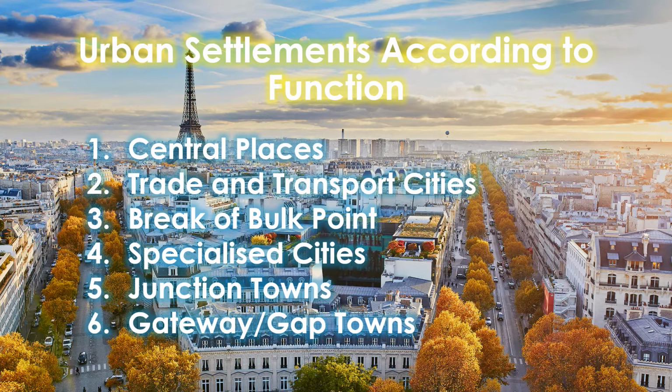It started off as a gold mining town, but has now expanded into other functions too. Each urban settlement usually has a central function, and some will also have a mix of functions.